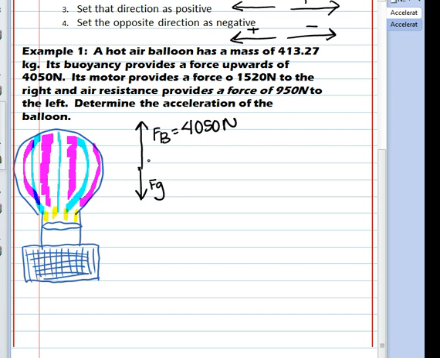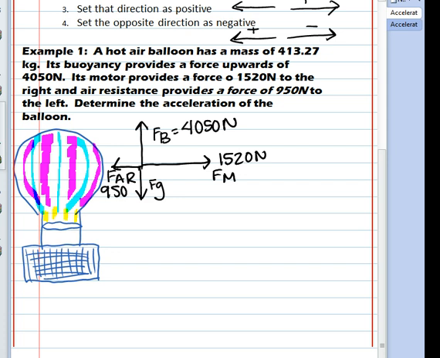It has a force of the motor pushing it to the right of 1520 newtons. Force of the motor, and then it has an air resistance force, and that is going to be pulling back with a force of 950 newtons.